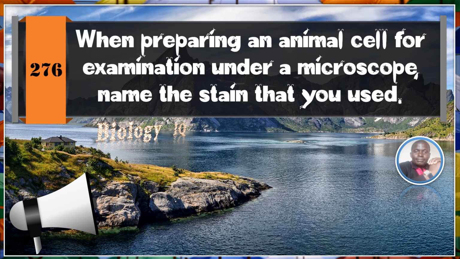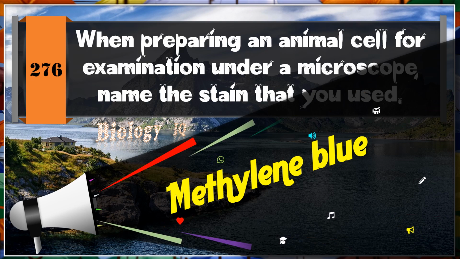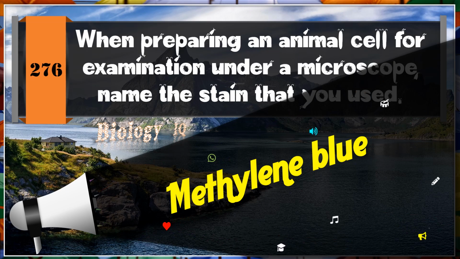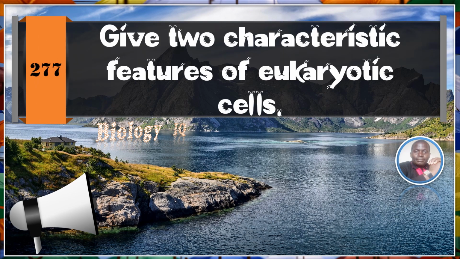When preparing an animal cell for examination under a microscope, name the stain that you used. Methylene blue. Give two characteristic features of eukaryotic cells.